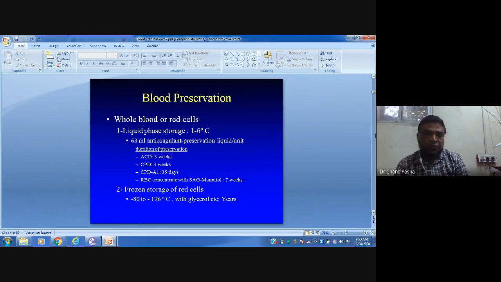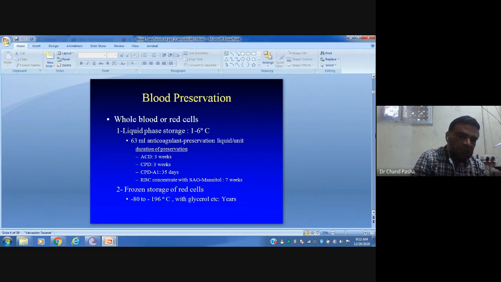Except for surgery where fresh blood is required, generally the blood is preserved at 1 to 6 degrees Celsius for some time and then given to the patient, so virus load and microbial load substantially get reduced.